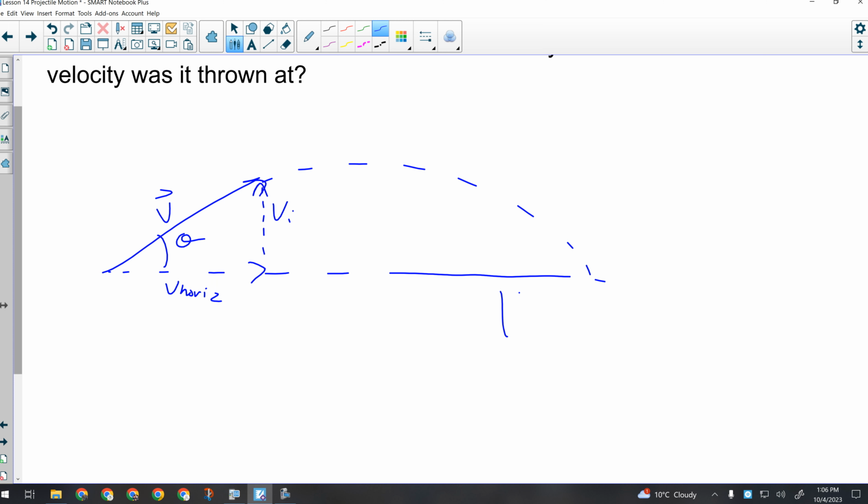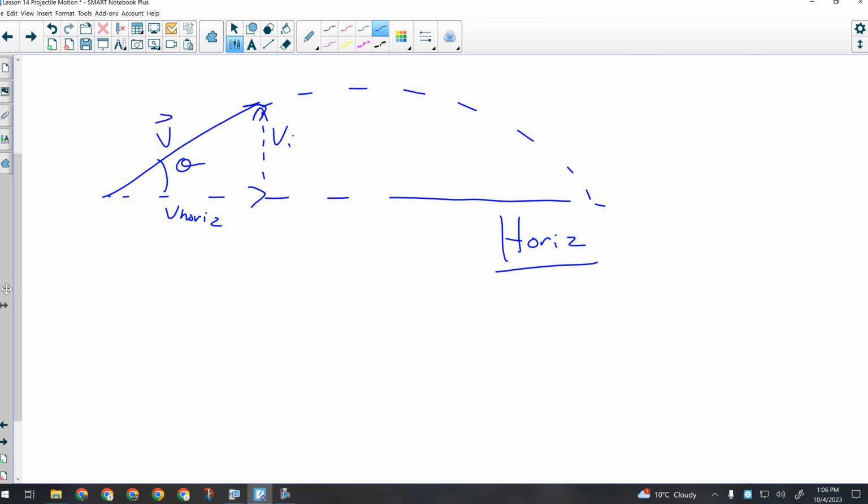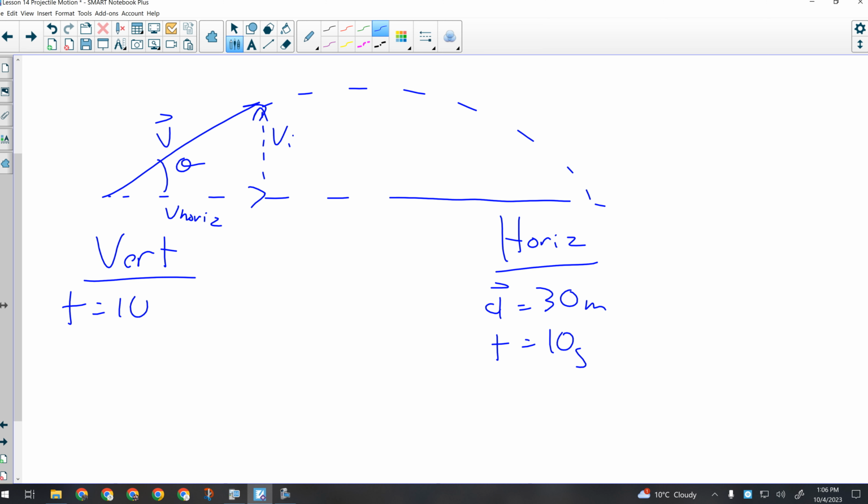So horizontally, it tells me that it travels 30 meters in 10 seconds, which means that 10 seconds can also be used over here, along with this number.